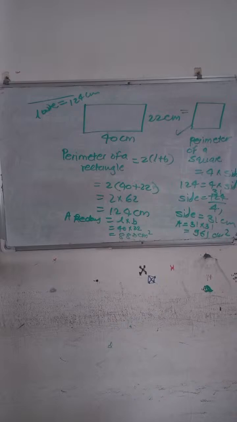How many tiles will be required to cover a wall of size 3 meter into 4 meter?